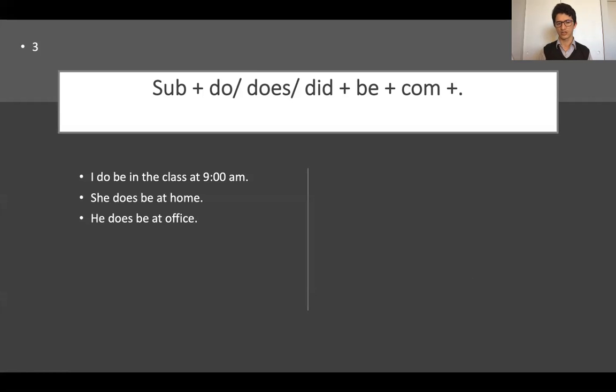She does study. No, for this structure, remember, do, does, did, be. So you have to use be. So the first example you made is okay, good, but it is not for this structure. It is for the second structure.